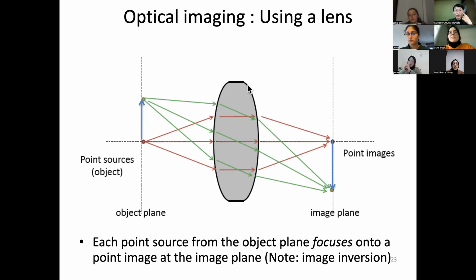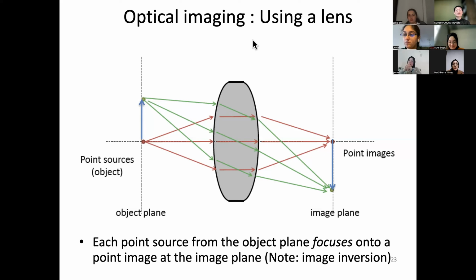Actually, in your eye, you have something very similar, a simple lens that will refract light to make it into a point again. That is what we call a point image. If you have an arrowhead, the scattered light will be converged into points. So this is a real image plane. In fact, your retina recognizes a 2D image mapped into another 2D, that we call optical imaging.